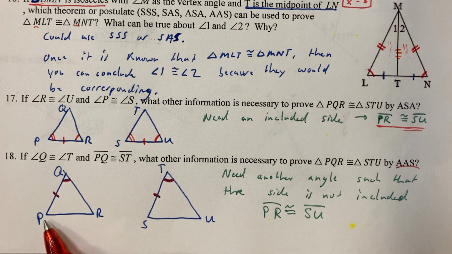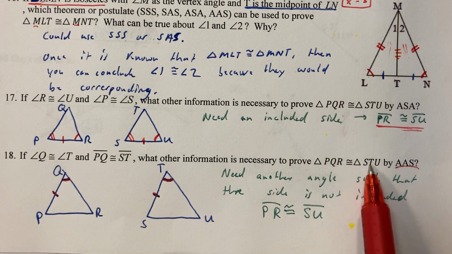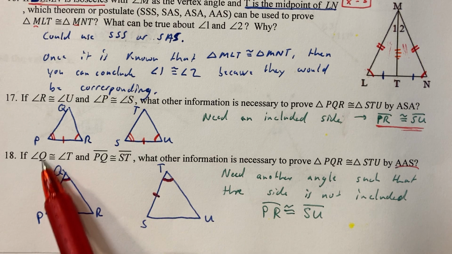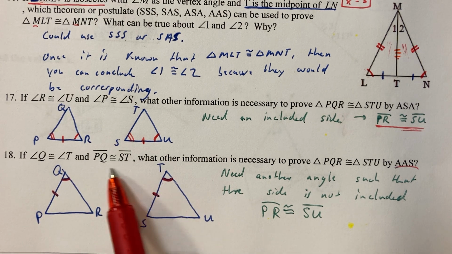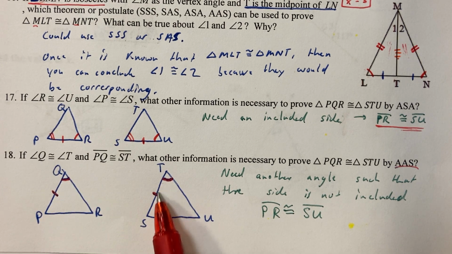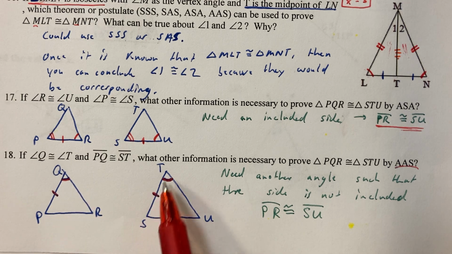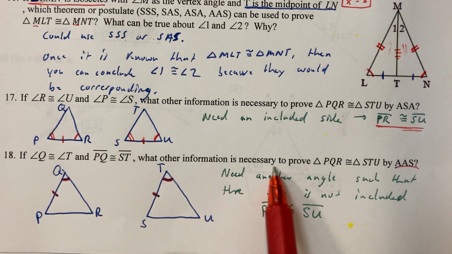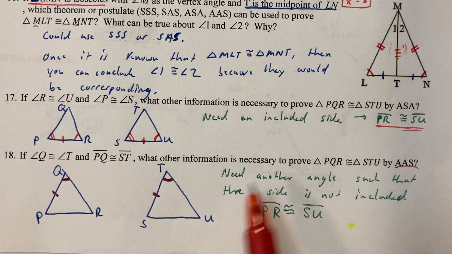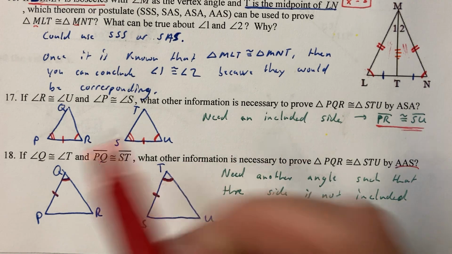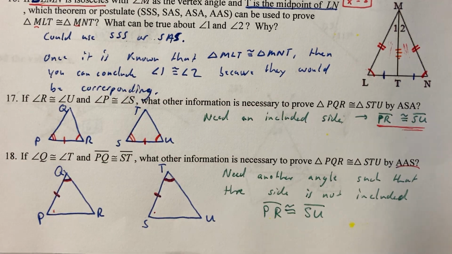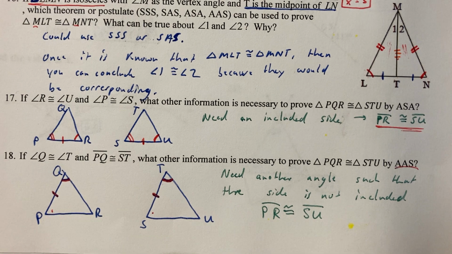All right, next one, same triangles, PQR and STU, different information. We have Q and T, we have PQ and ST, and we need another piece of information to use angle, angle, side. So I want to not do this angle because that would give me angle, side, angle.